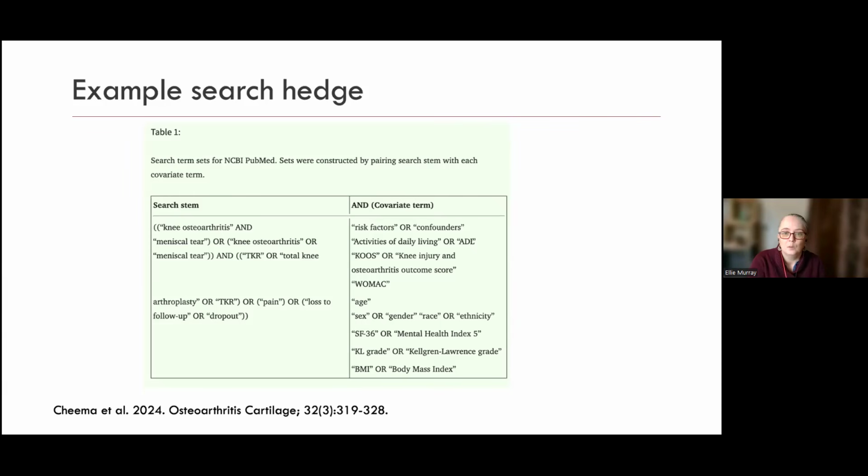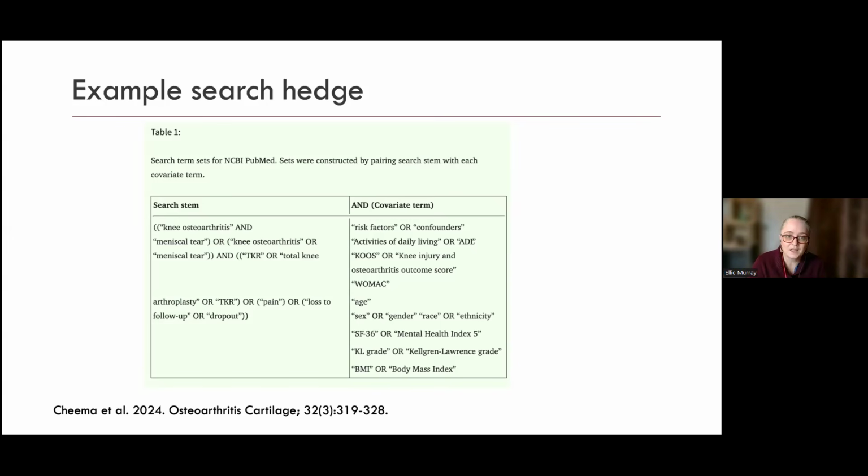And then we had covariate terms where we're looking for things that will help us identify potential covariates. So risk factors or confounders, activities of daily living. These are all the general types of things that we think might pull up studies that have looked at this question.